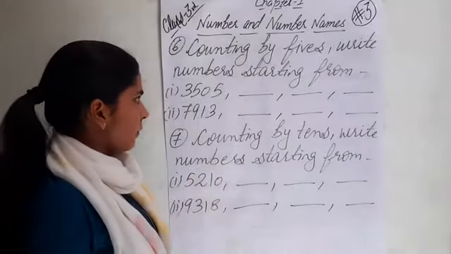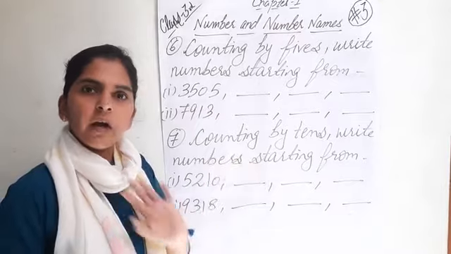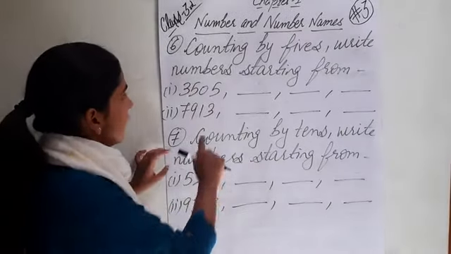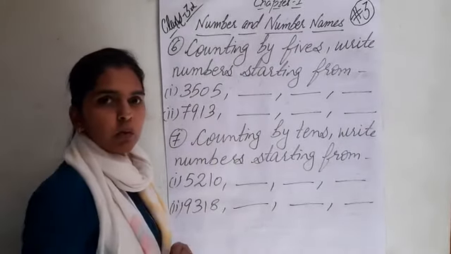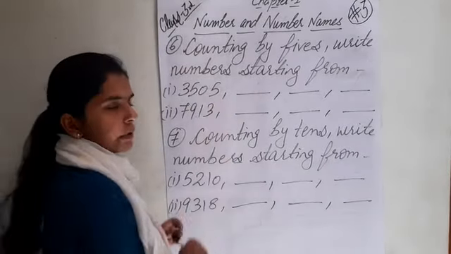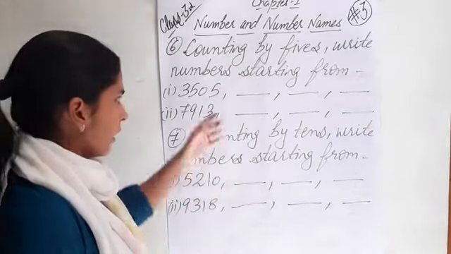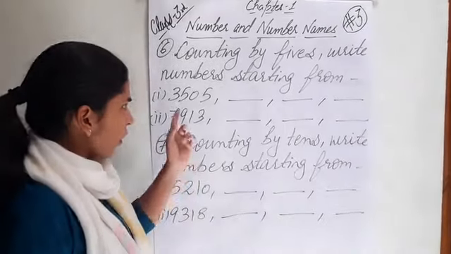The next number will be, you will see the ones digit, and in the ones digit you will add 5 every time. When the tens place has 0, I will tell you. So let us solve the first part.